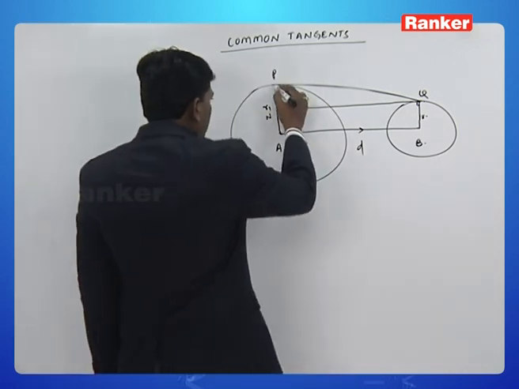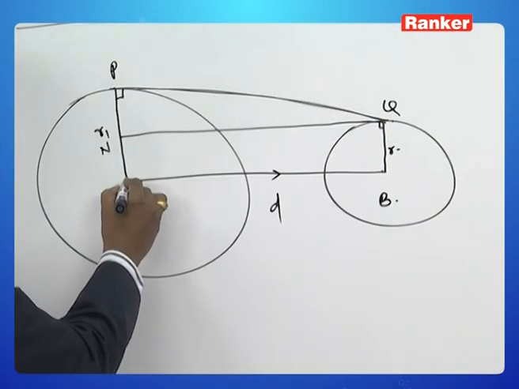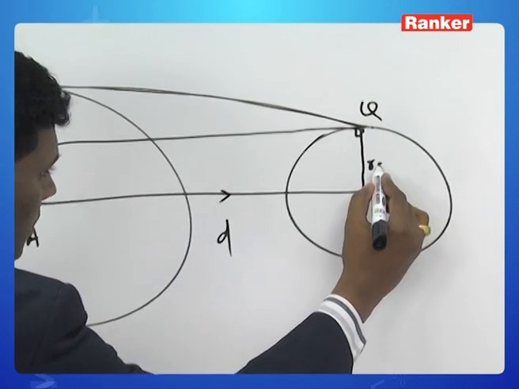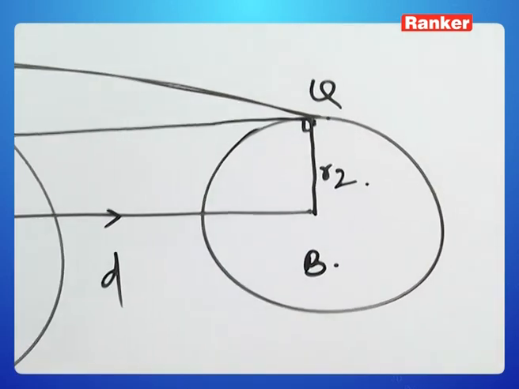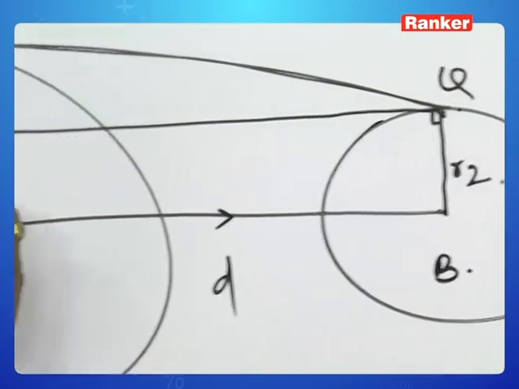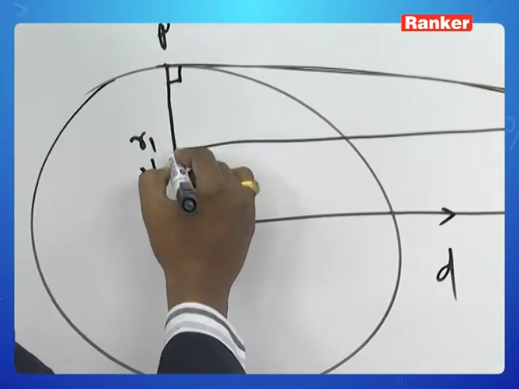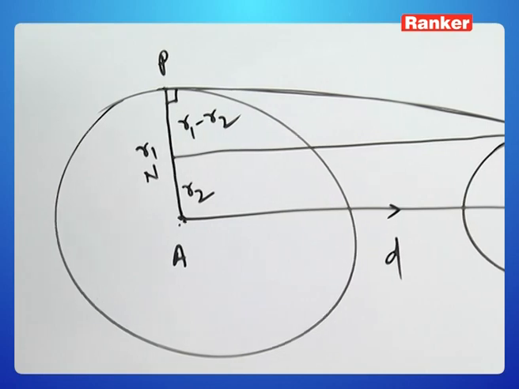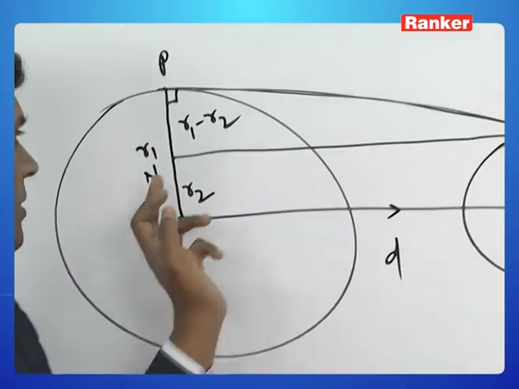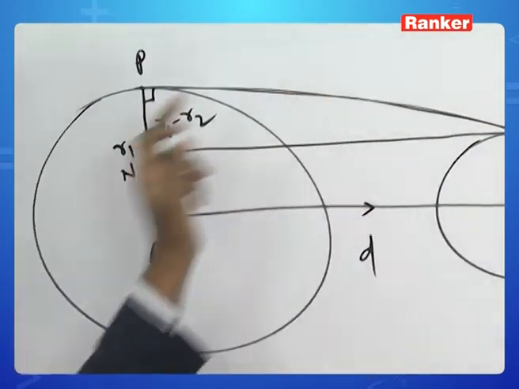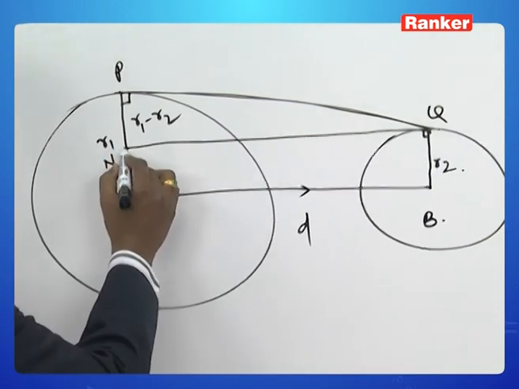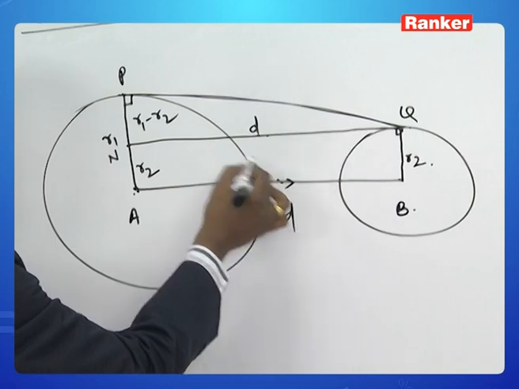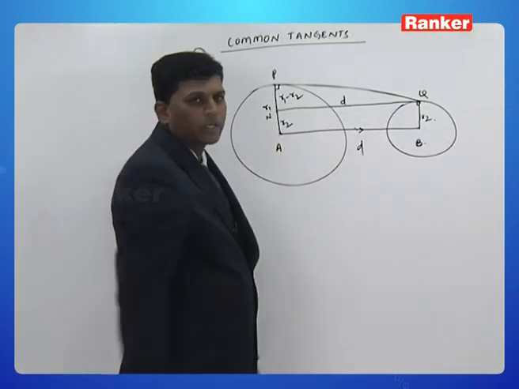The length of AP is R1 and the length of QB is R2. Let us take this as R2. Then obviously AN is also R2. Then this PN will be R1 minus R2. In triangle PQN, we know the length QN is equal to the tangent length T, and this length is R1 minus R2.